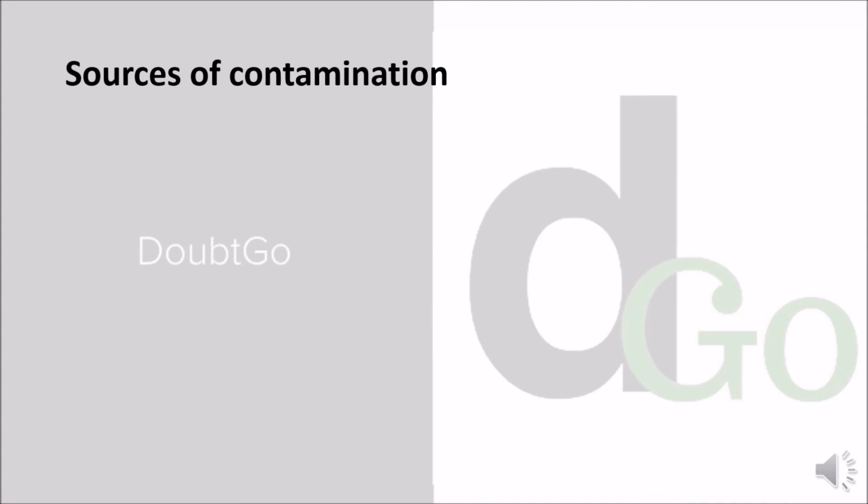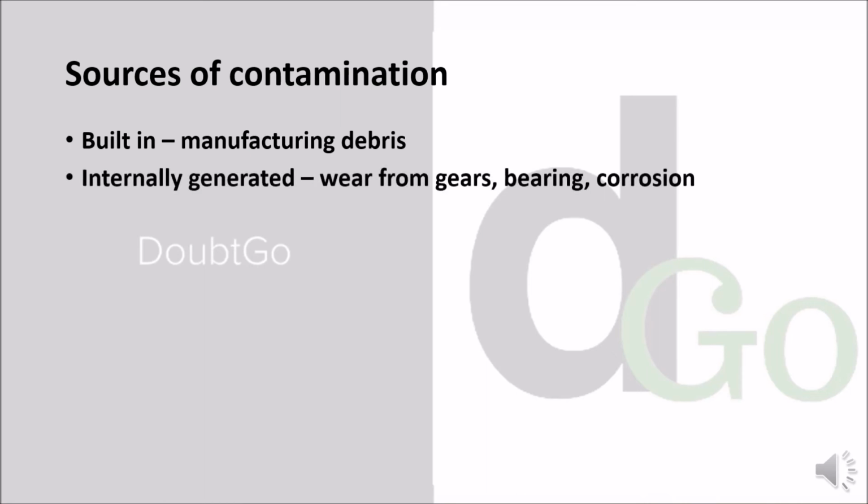The sources of contamination. Built-in contamination includes manufacturing debris, permanent debris and other damages. Internally generated contamination is from long runs and wear from gears and bearings, and corrosion and pitting.